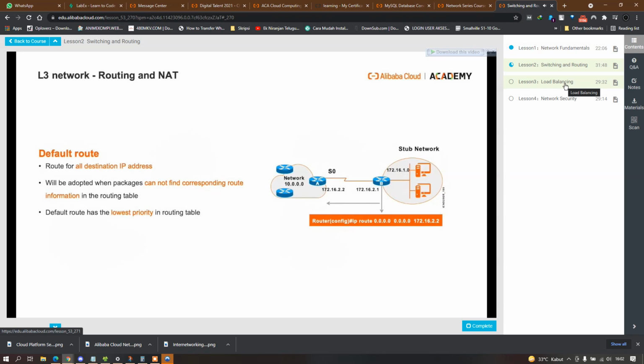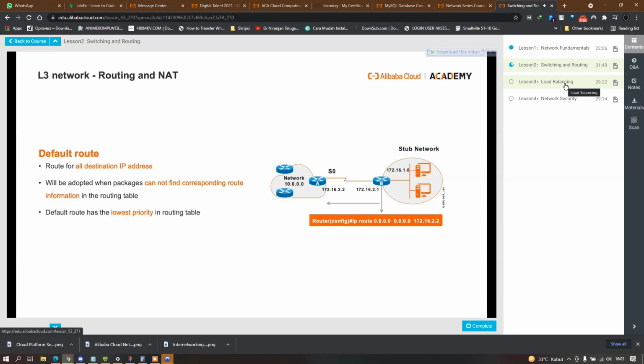And when we're talking about the route, there is also one thing that we should know, which is the default route. The default route is the route for all destination IP addresses, which means the default route is suitable for all the destinations because it matches all the network segments.